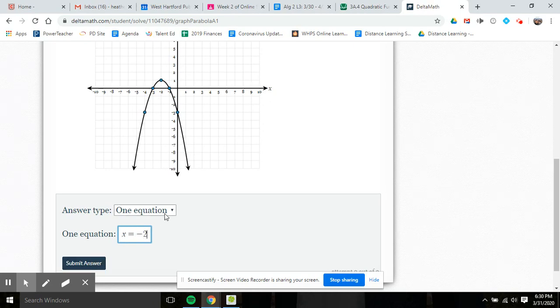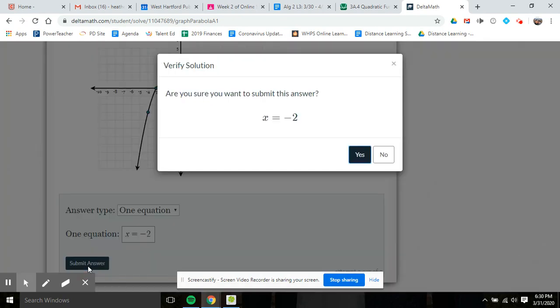If I were being asked for the vertex, I would want to enter 1 point. If I were being asked for the roots, which are the x-intercepts, notice I have 2 x-intercepts, so I would be putting in 2 numbers. But since it's asking me for the equation of the axis of symmetry, I'm doing that.